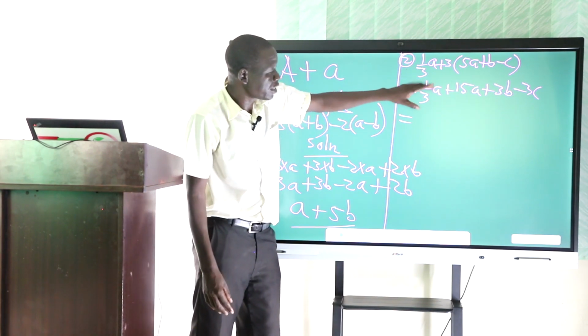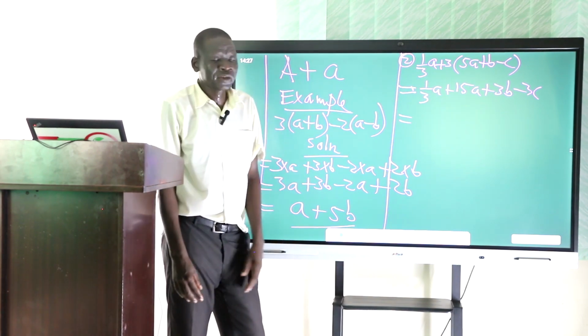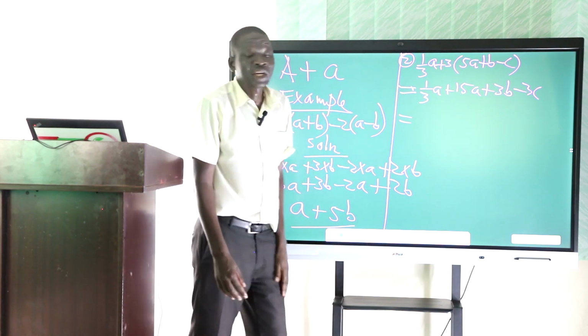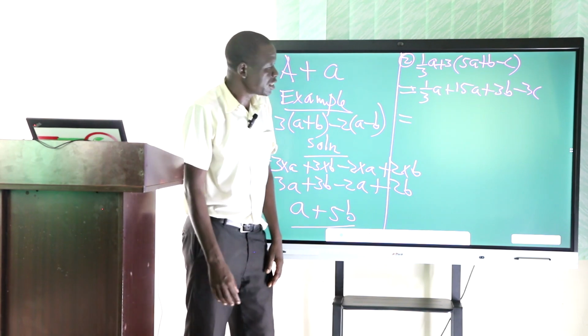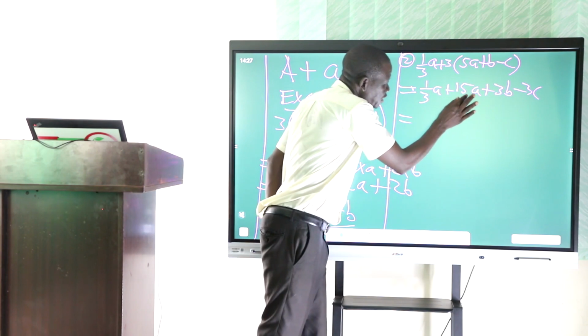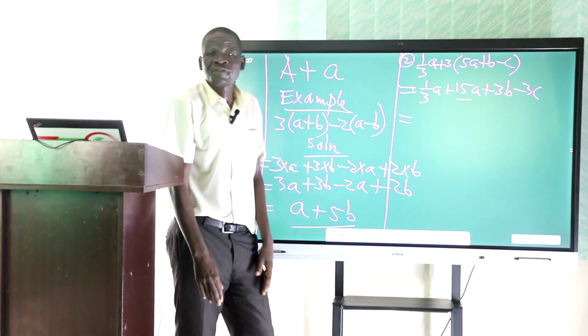So we now collect the like terms. We have a third a plus 15a. So this is a fraction, and then this is a whole number. We are adding a third a to 15a. So writing 15a, remember, is the same as 15 over 1.